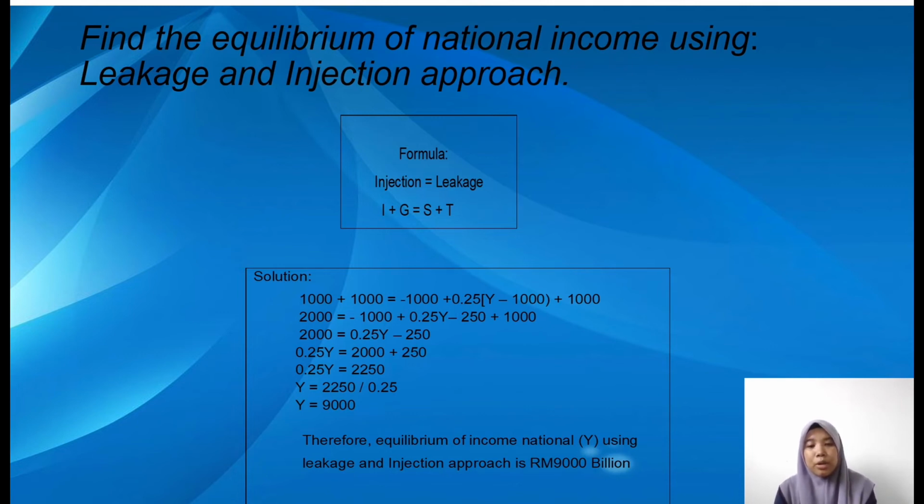Y equal 2250 divided by 0.25. Y equal 9000. Therefore, the equilibrium of national income using the leakage and injection approach is RM 9,000 billion.